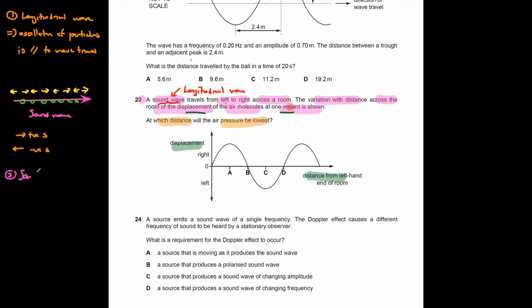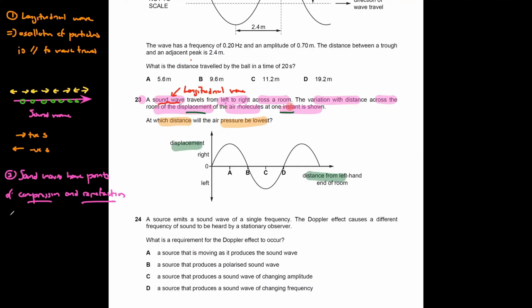Sound waves have points of compression and rarefaction. Okay, there will be points of compression and rarefaction when you're talking about a sound wave.